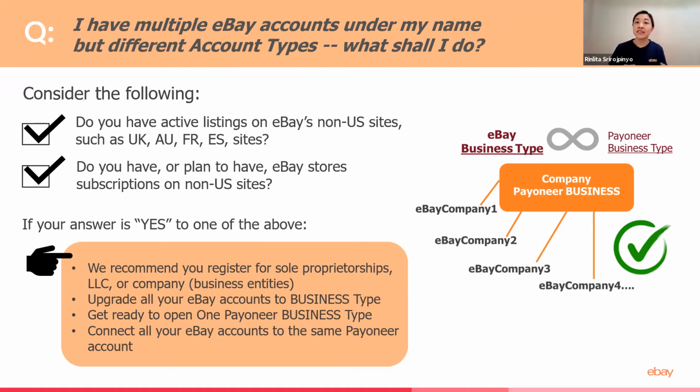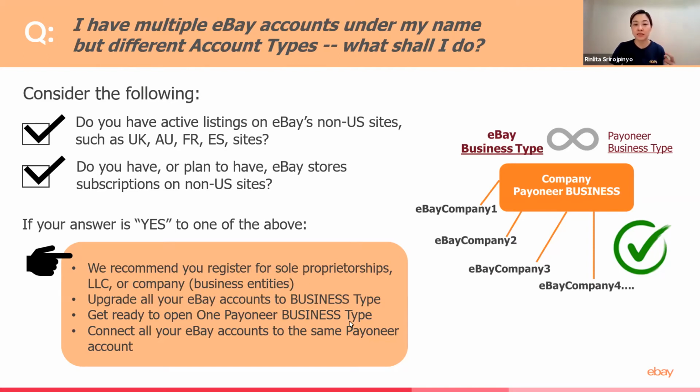If your answer is yes to one of the above, I would like to recommend that you register for a sole proprietorship, LLC or company, one of the business entities that you like, and then upgrade all your eBay accounts to business type. And get ready to open just one Payoneer business type according to the business entity that you open up.